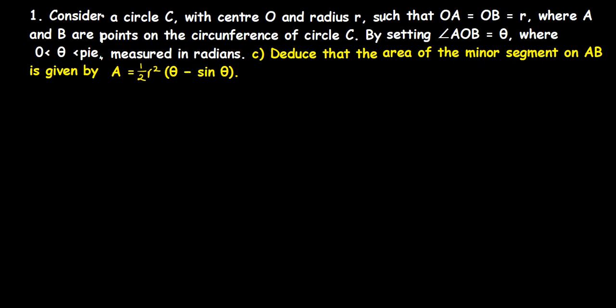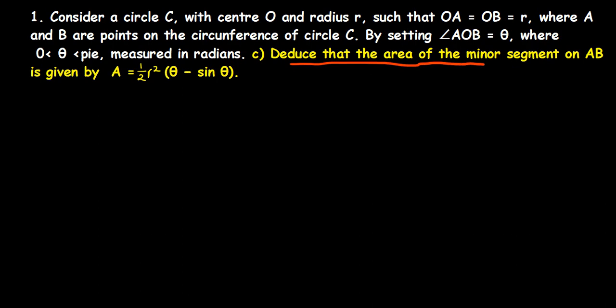So the next one here, they're saying deduce that the area of the minor segment on AB is given by this. So how do we find the area of the minor segment? Let's draw up the circle that we had.